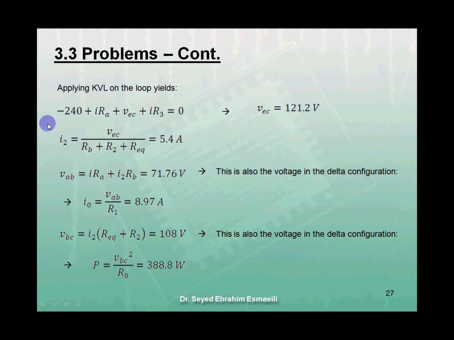Applying KVL on the loop yields minus 240 plus I times RA plus VEC plus I times R3 equals 0, from which the voltage difference between nodes E and C, VEC, equals 121.2 volts, from which I2 equals VEC over RB plus R2 plus R equivalent, equals 5.4 amps.